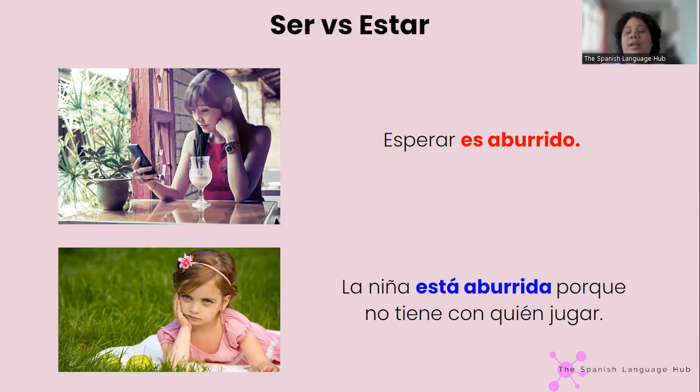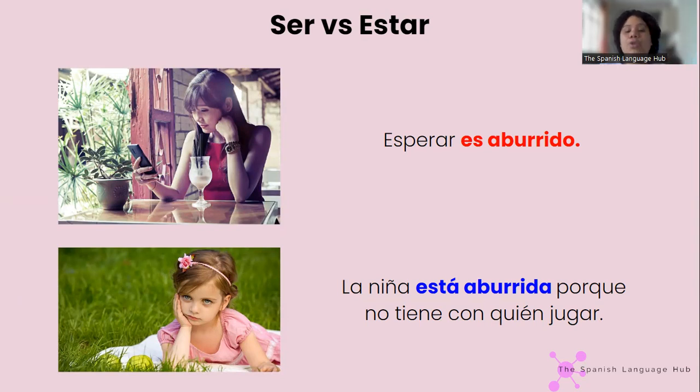You can also say, ella es aburrida. She is boring. When you say she is boring, that means that person is not fun at all, right? That person is not fun at all. So when you say es aburrido, you are qualifying, or you're identifying that person or that situation as boring, okay?